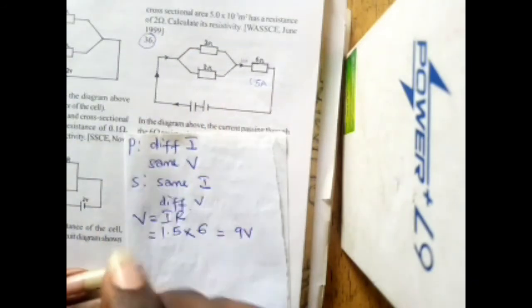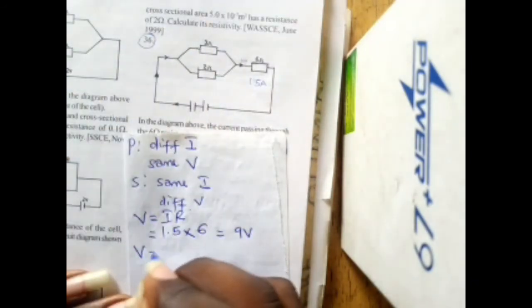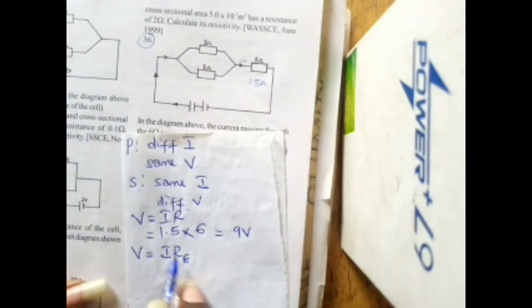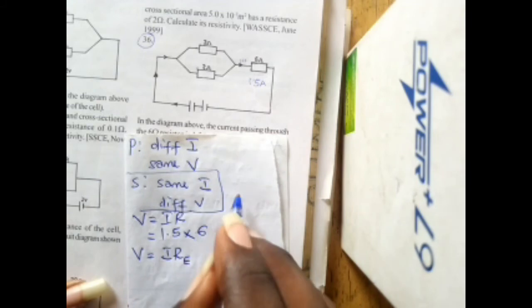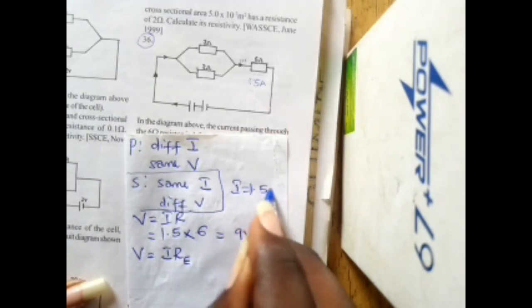So the voltage for this other side is equal to the current times the effective resistance here. Now, because it is a series connection, the same current flows through. So my current remains 1.5 amperes. For me to find the voltage in this place, 1.5 times my effective resistance. To find the effective resistance first, I have 1 over 3 plus 1 over 2.